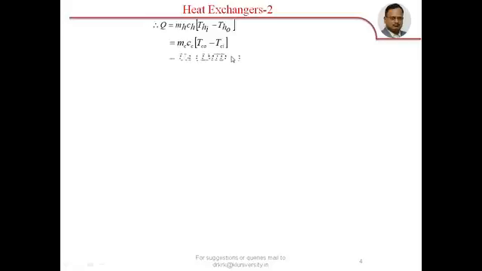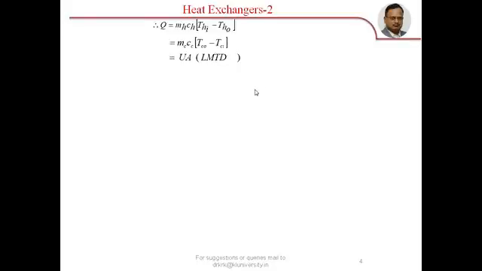Hence the third equation is Q equal to UA LMTD. Whether it is a parallel flow or counter flow heat exchanger, I repeat, the logarithmic mean temperature difference is delta T inlet minus delta T outlet by the logarithm of delta T inlet by delta T outlet.